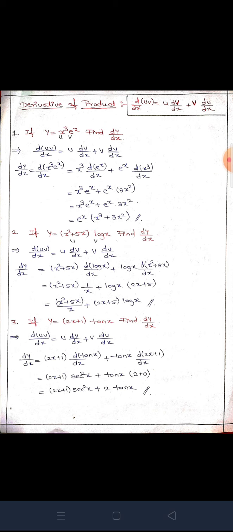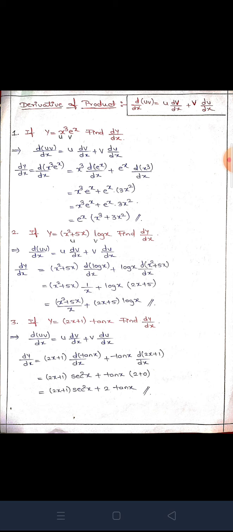So first sum, if y is equal to x cube into e raised to x, find dy by dx. So x cube is u and v is e raised to x. So write the first formula and simply substitute: u dv by dx plus v du by dx. So put the values of u and v. x cube will be as it is.